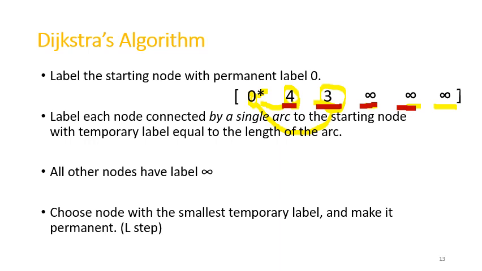So you see 4, 3, infinity, infinity, infinity. The smallest one is 3. And the algorithm says here, make it permanent. So this is what we did. We make the label for node 3 permanent.